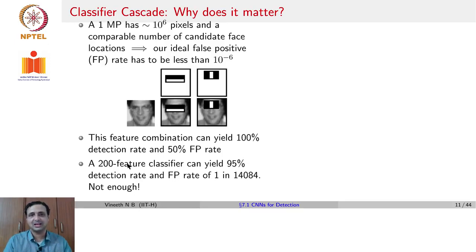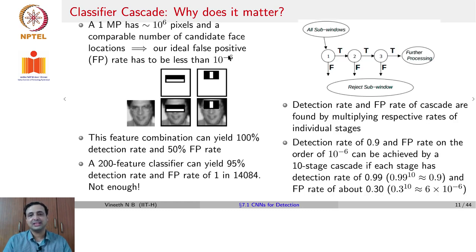All those possibilities are open. You have 200 features that yields a 95% detection rate and a false positive rate of 1 in roughly about 14,000. It's better, but it's still not enough to what we want, which is 10 power minus 6 false positive rate. What do? The classifier cascade comes to our rescue.